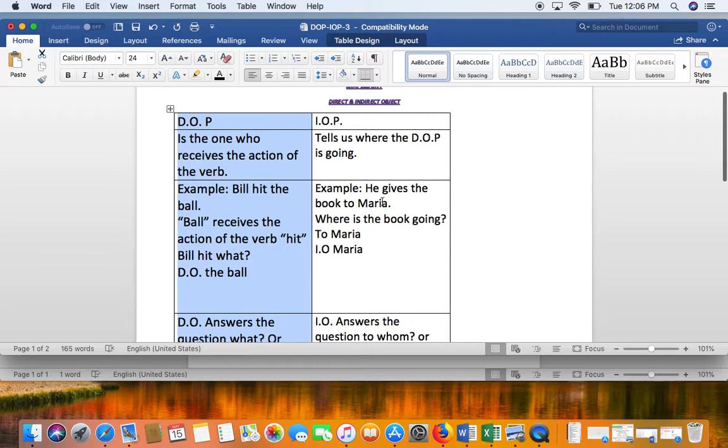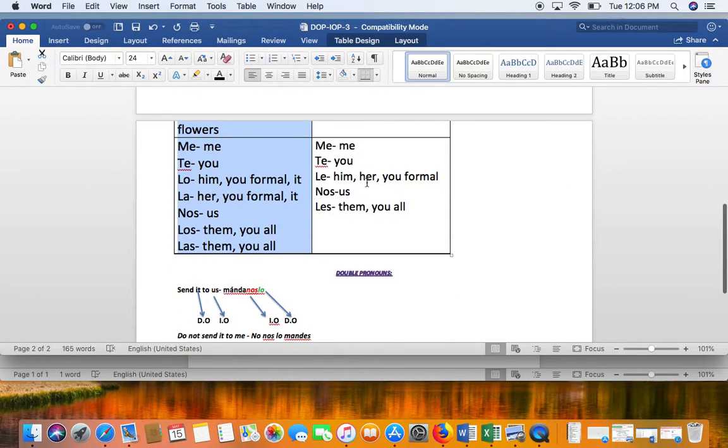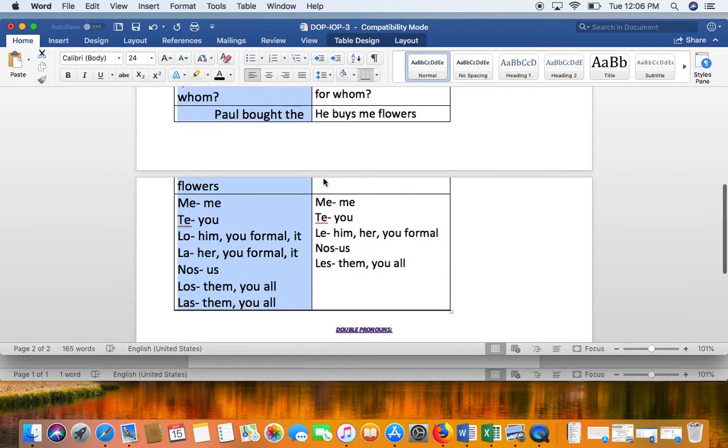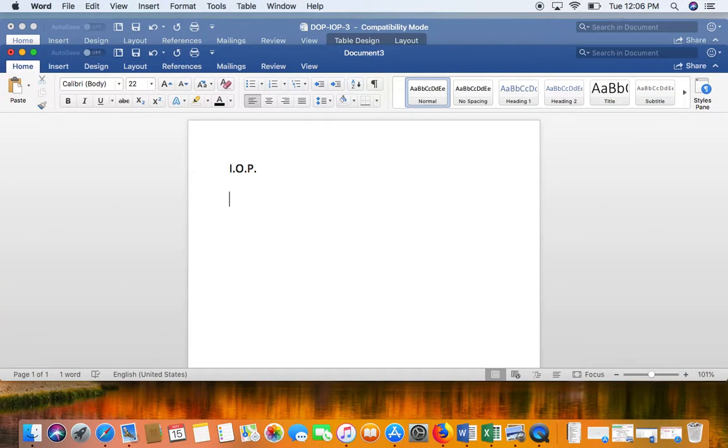He gave the book to whom? Maria is the answer. For Maria, what pronoun do you need to use? You want to use le, because Maria is only one girl. It's her, one, okay? All right, so now we're going to have some practice.